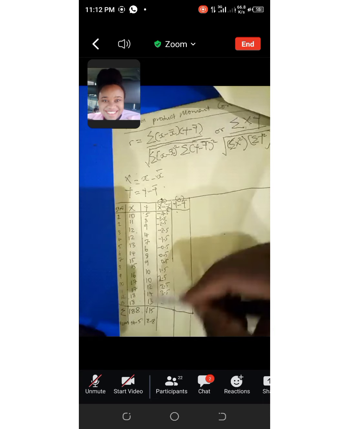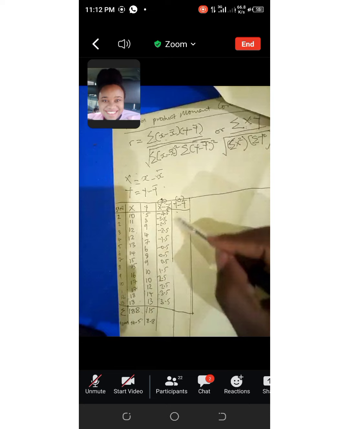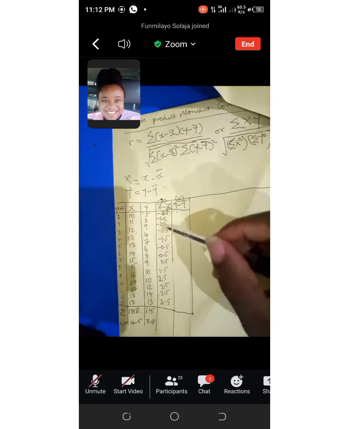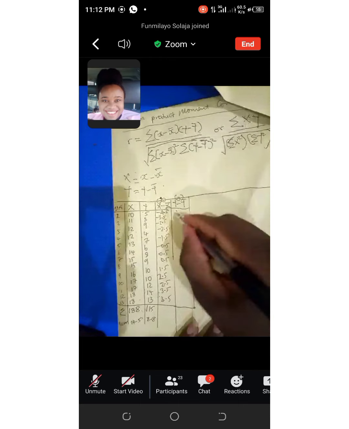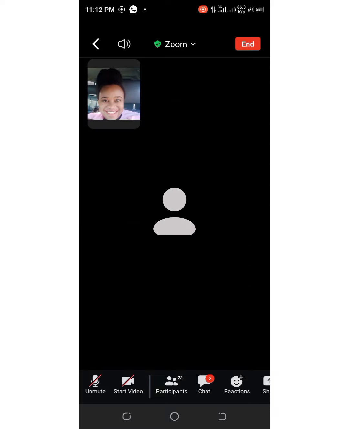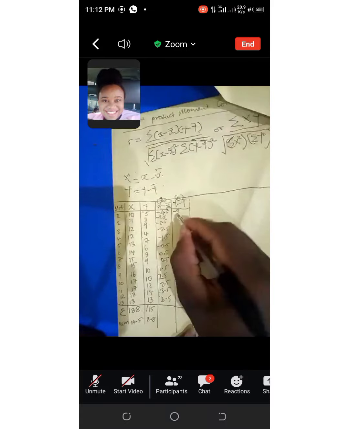Any answer we get, we'll write it here. The same thing we did for x, we'll also do for y. So 5 minus 8.8 will give us minus, let me use the calculator.